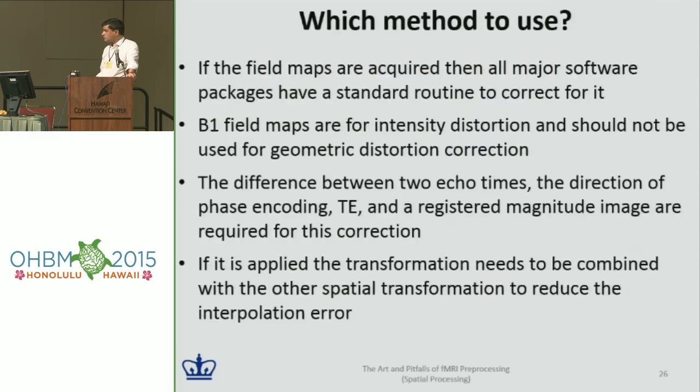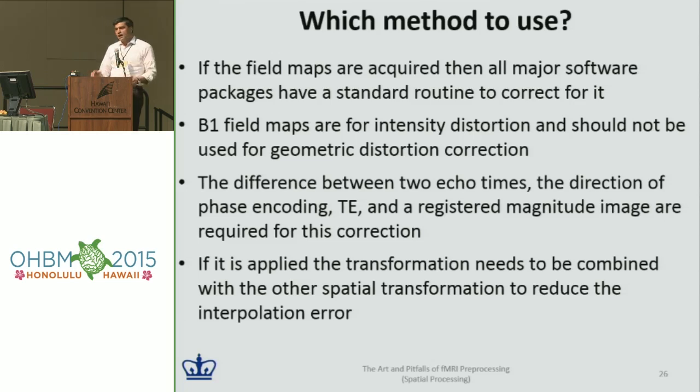So which method to use? Pretty much SPM and FSL have techniques to import the field mapping and apply it to the data. But one thing I have to say, based on my experience, is that if you're doing correction, check your data. Right? If you're doing correction, you have to understand what this correction does.